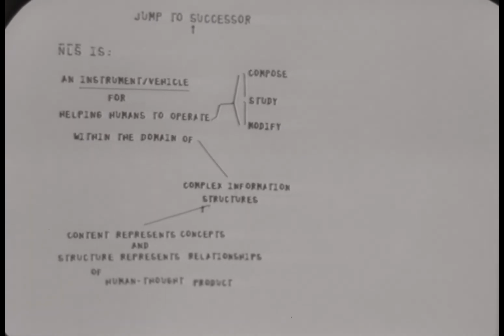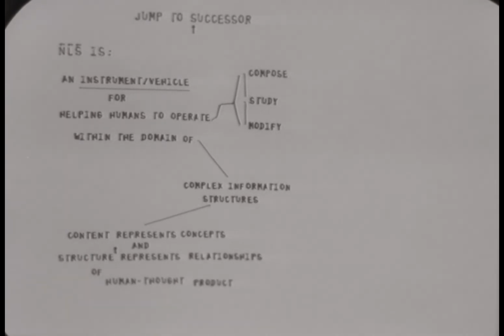Well, what do we mean by operate? Well, compose, study, modify is the place we started. We know there are many other analytic things you could do, but we want to get around, study, and modify. And then, further information about what does complex structure mean.